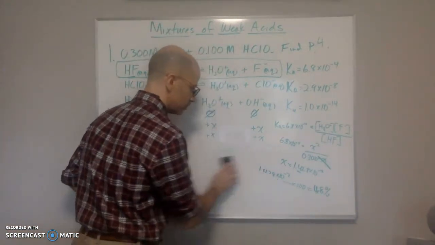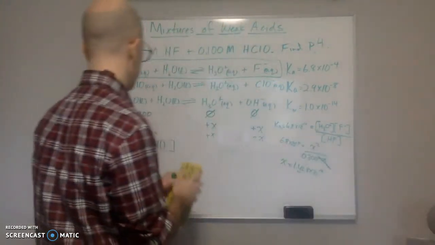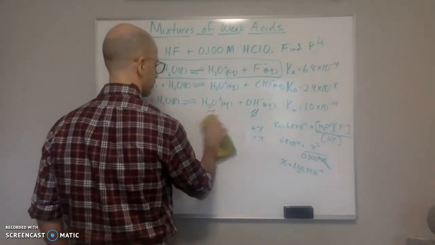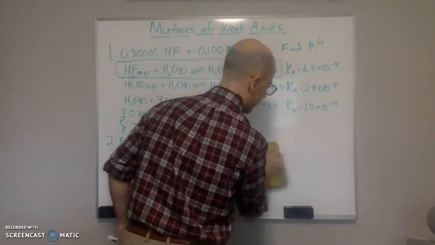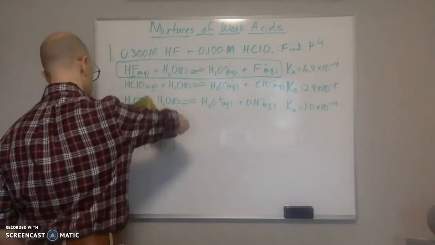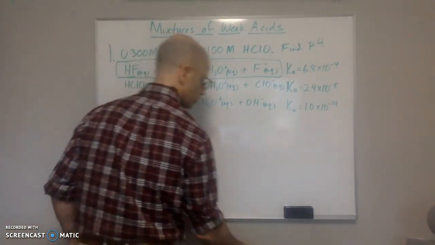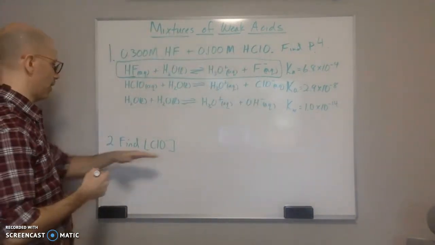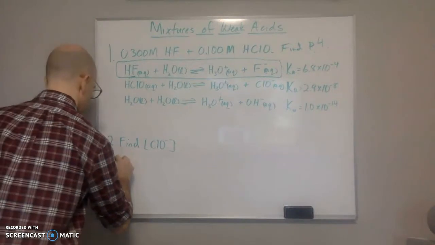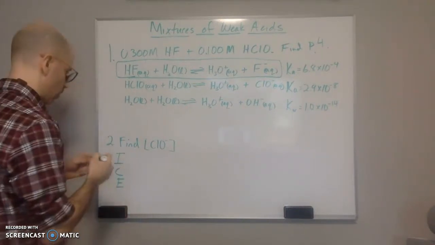Okay, so let's go ahead and take a look at that. So I'm going to have to erase the work we did here. Okay, and we're going to have to do another ice chart, but this time we're going to have to start with the initial amount of our H plus.